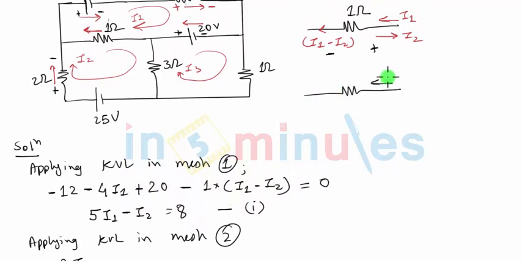This time the original current directions will be the same. That means I1 flows towards left, I2 flows towards right. This time, because we are writing KVL with respect to I2, let us say that I want to get the current which is flowing towards right through 1 ohm resistance. So what will be the current that will be flowing towards right? The difference between the currents is I1 minus I2 or I2 minus I1.